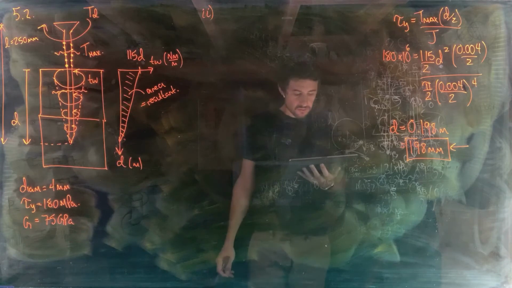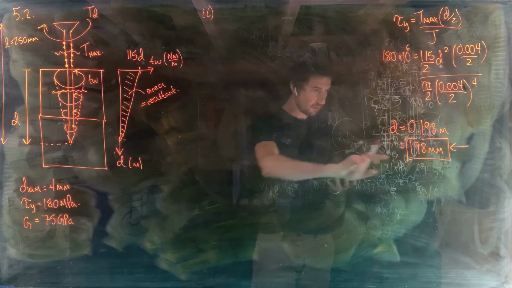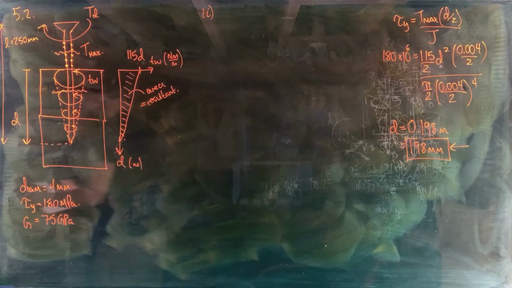What will the screw's angle of twist at this depth, being the depth found previously, be?